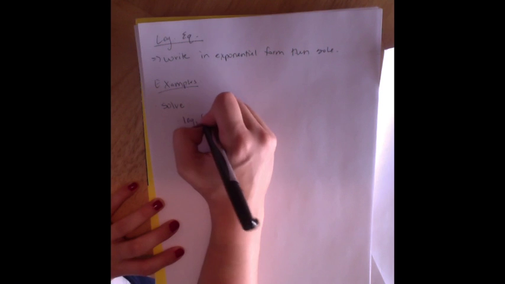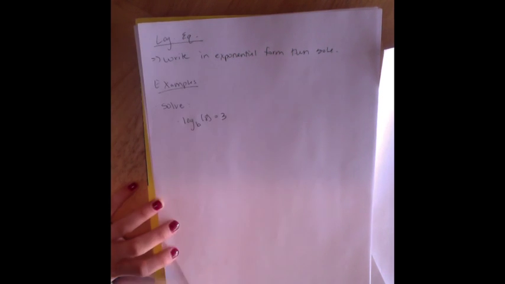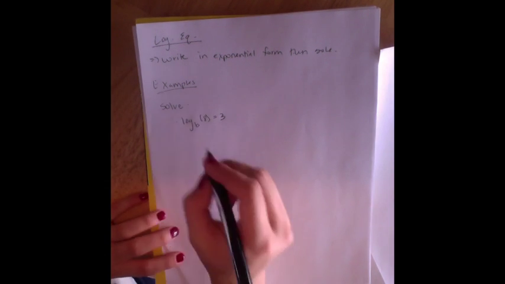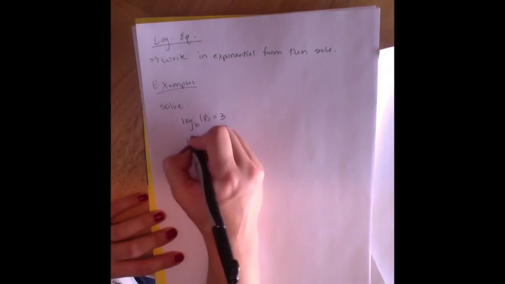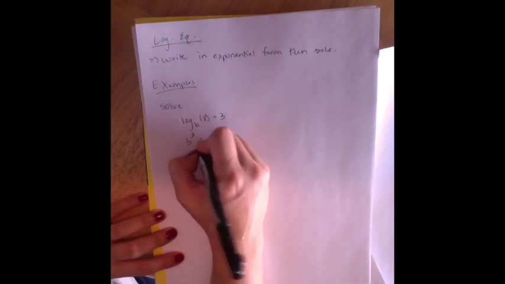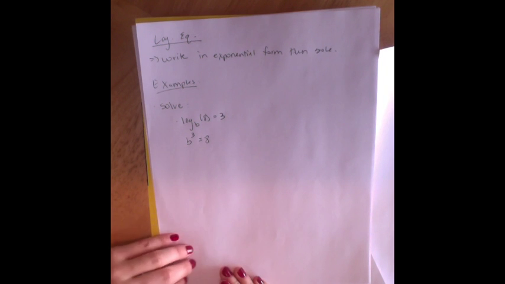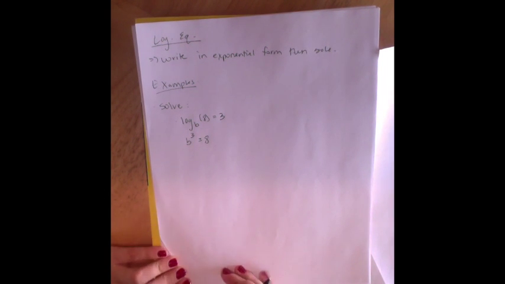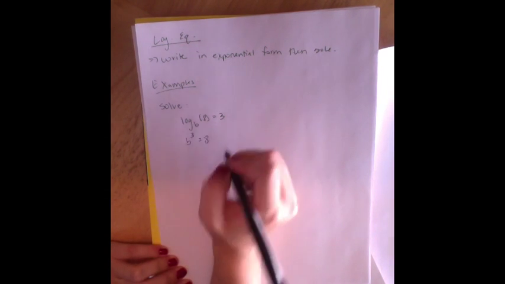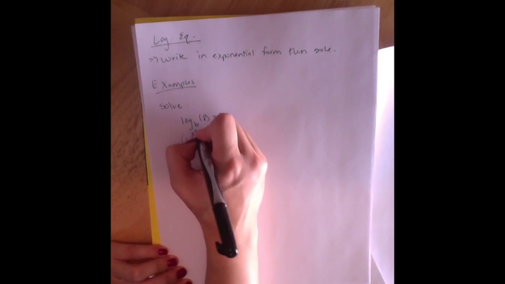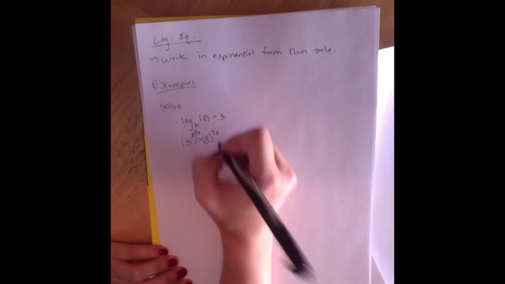log base b of 8 equals 3. So we need to write this in exponential form. So b is our base raised to the third power equals 8. Now, if you don't just have this memorized, we can raise both sides to the 1/3 power.